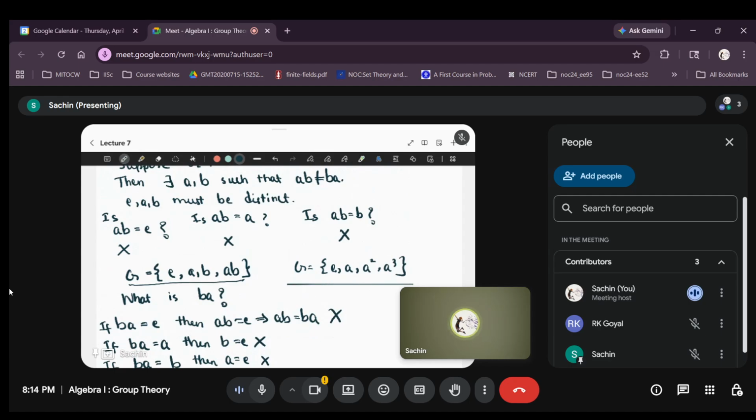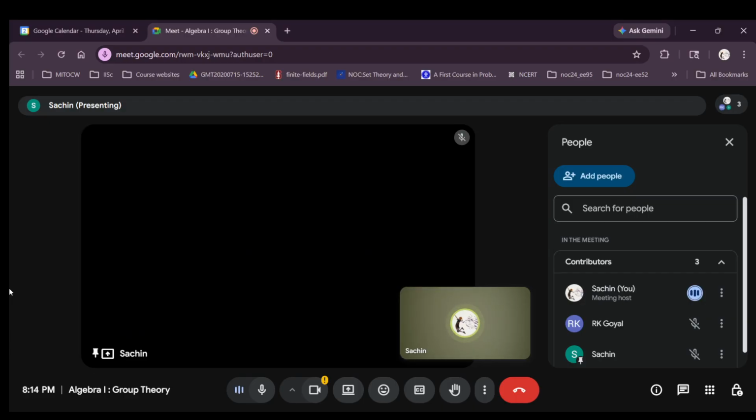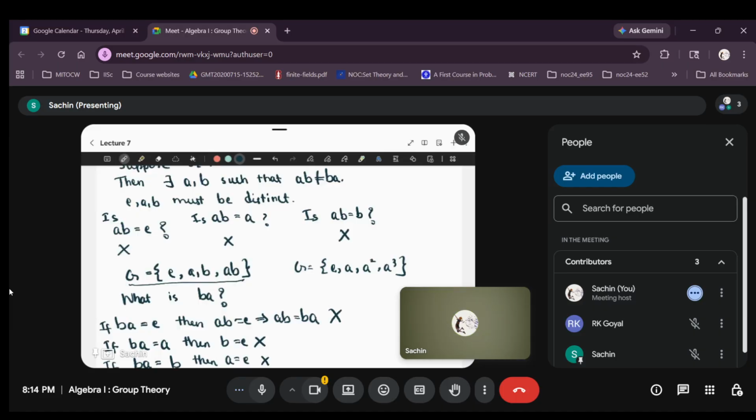It has to be. I have not really proven it properly, but it has to be in one of the two forms.